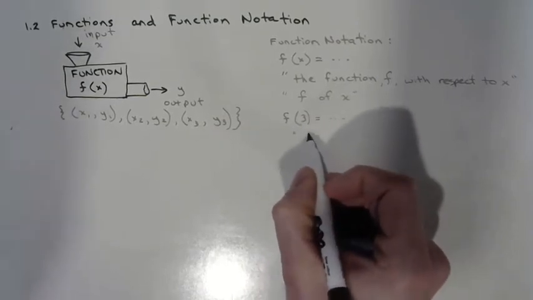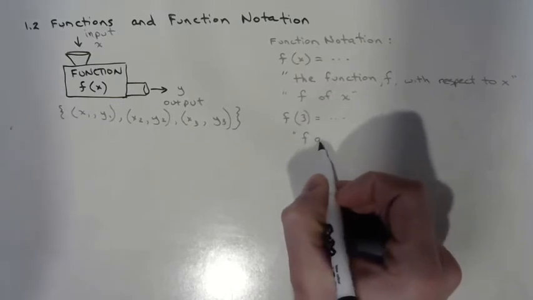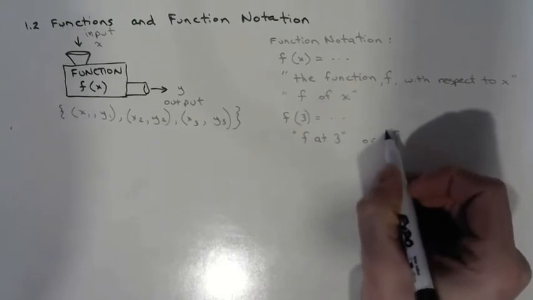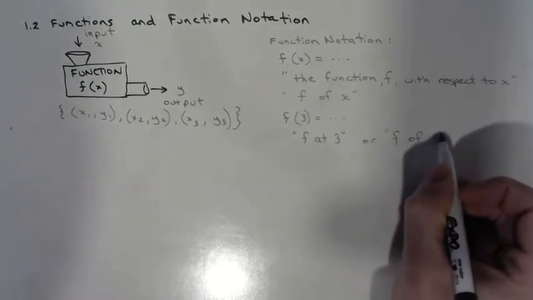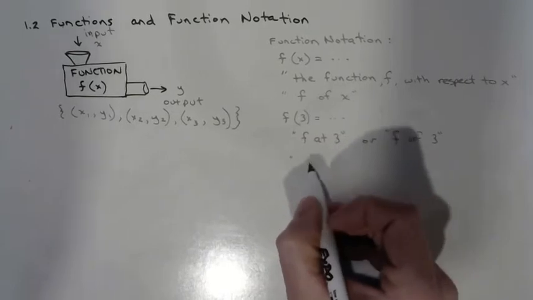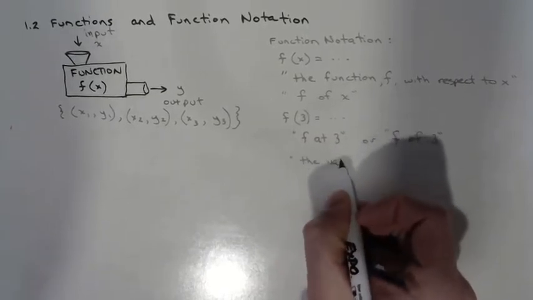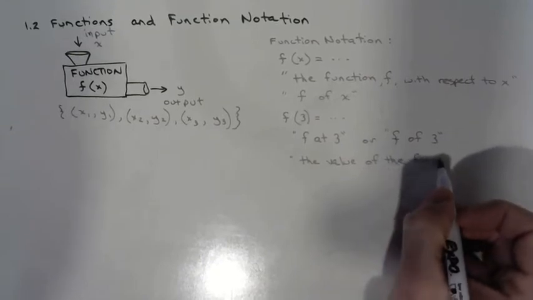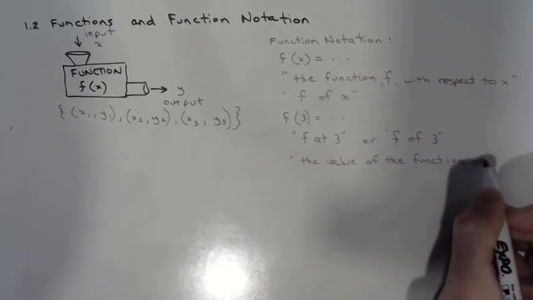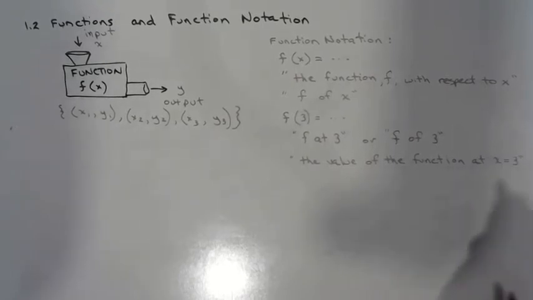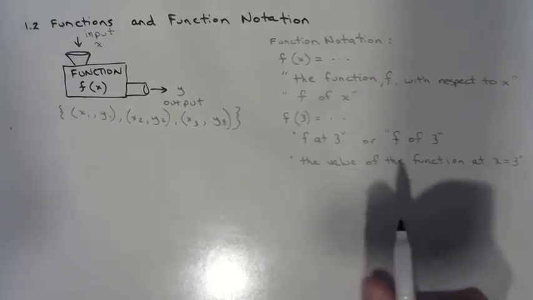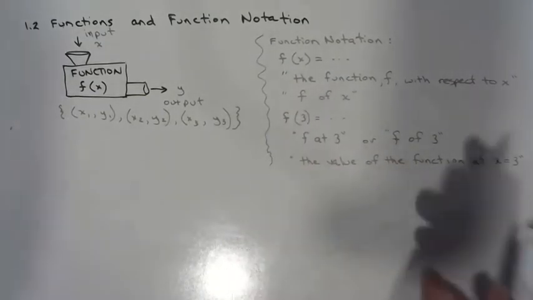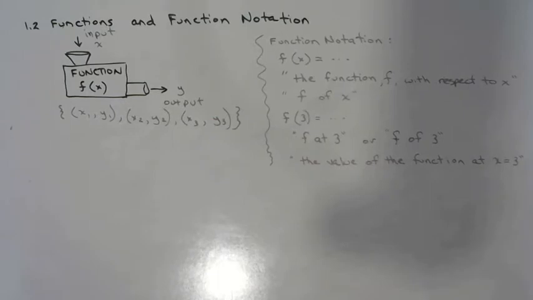This is read as f at 3, or you might hear it f of 3. I'll quite often actually say the value of the function at x equals 3. Okay, there's some function notation, there's some terminology that we use. Get familiar with it, get used to it, and here we go.